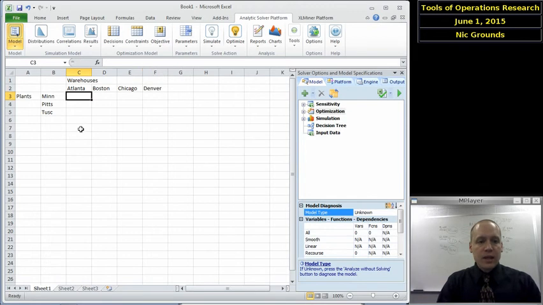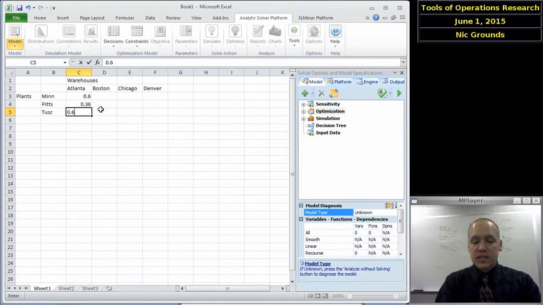Okay? Now at the intersection of each of these plants, here I've represented in rows, and each of these warehouses represented in columns, I'm going to put the unit cost for shipments that go to those places. So to get to Atlanta requires either 60, 36, or 65 cents each, whether or not they're coming from the plants in Minneapolis, Pittsburgh, or Tucson, and so forth.